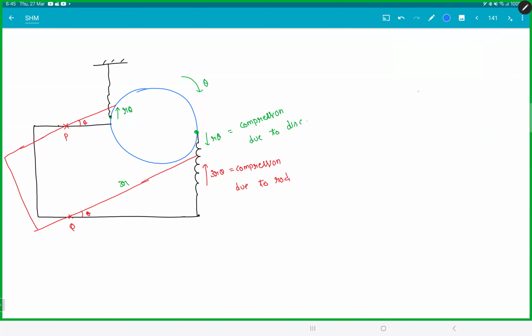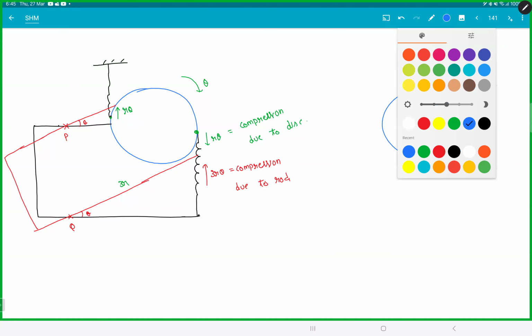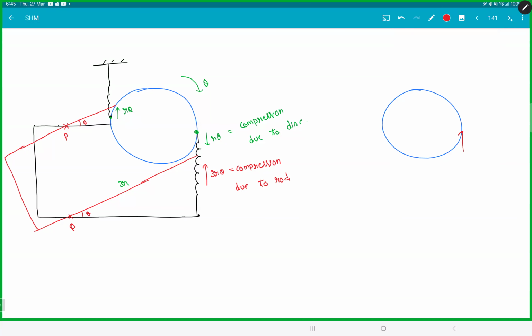So if I draw this, if you look at the forces, from this side you're getting K2 into 4r theta. We are also getting tension here. We are also getting this pushing with K1 r theta. This is alpha. Now the headache is to find tension.